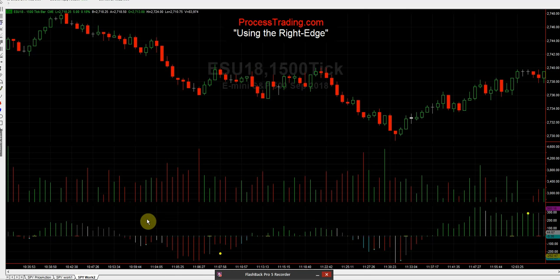Now, we know that price follows momentum and momentum follows volume, so we'll do the same thing here. When we look at the energy of the moves, what happens is that when there's more demand coming in, more buyers hitting the ask than selling at the bid, then price is going to go up, and vice versa.